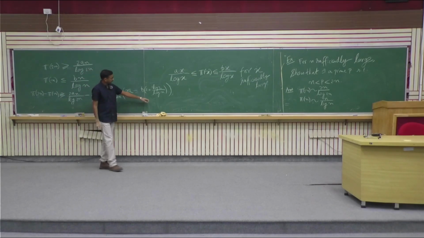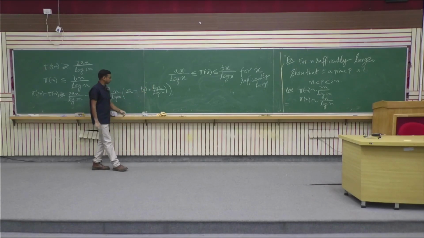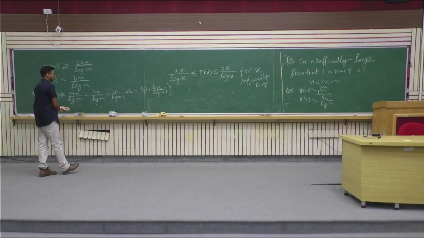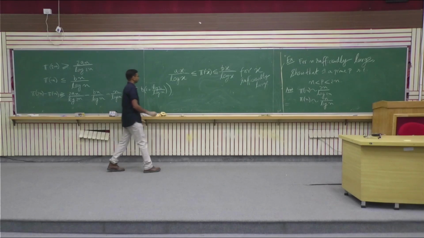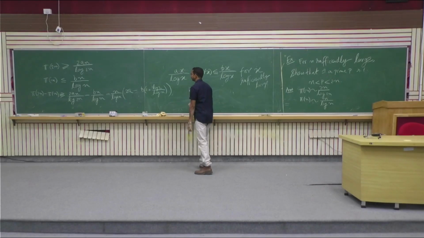And note that when n goes to infinity, this is going to be very small, and log 2 is negative. So this is actually a little bit smaller than 1, right? So all we require is that 2a is larger than b, right? Even if it is 2a greater than or equal to b, would that suffice?